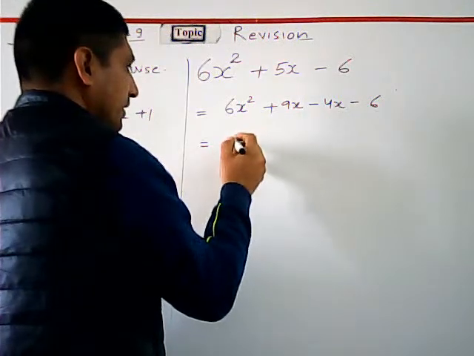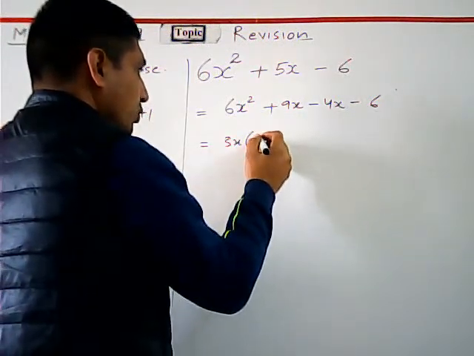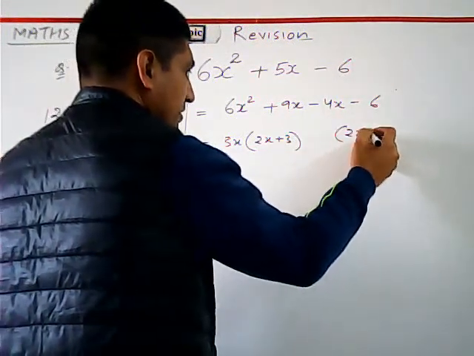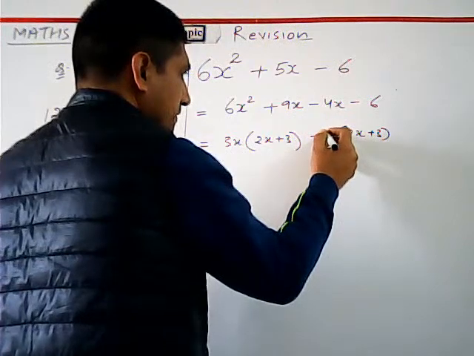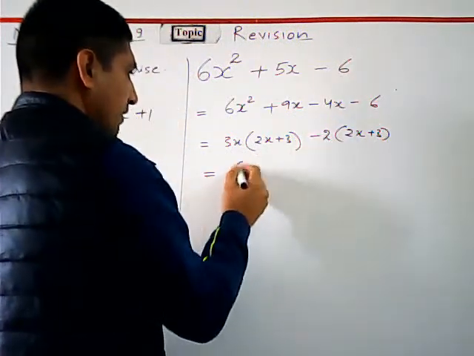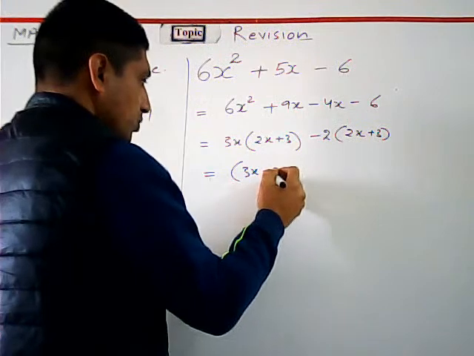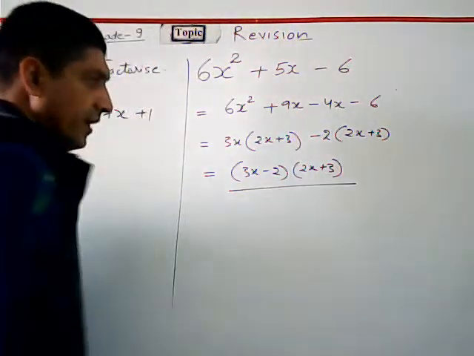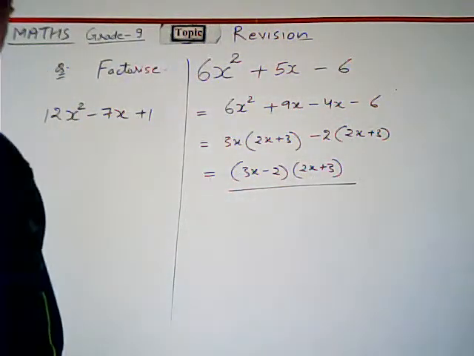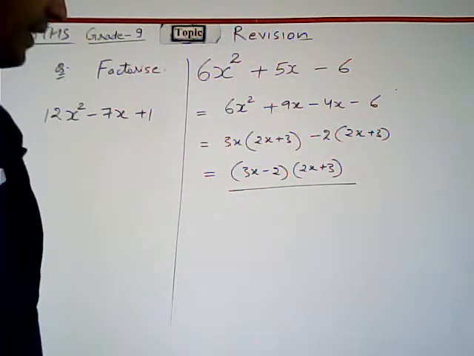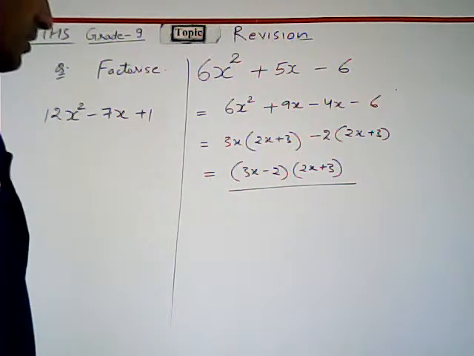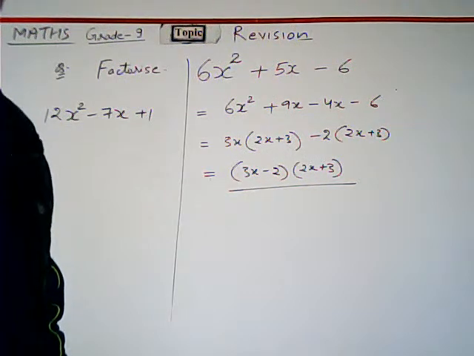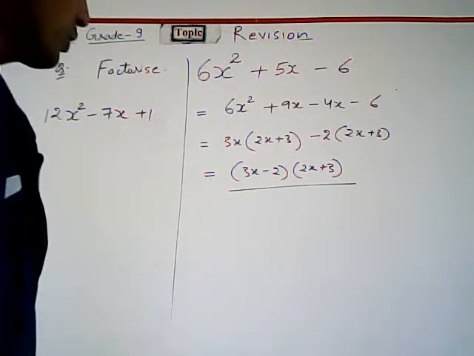So then we have 3x into 2x plus 3, minus 2 into 2x plus 3. So we have one factor 3x minus 2 and another 2x plus 3. Both are from your NCERT. So 2x plus 3 and 3x minus 2.